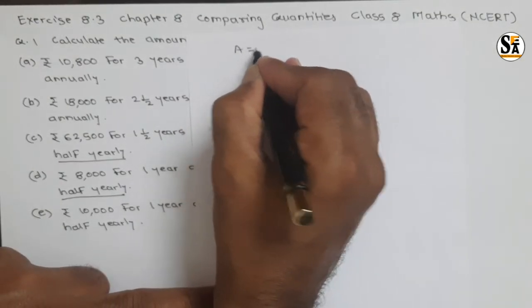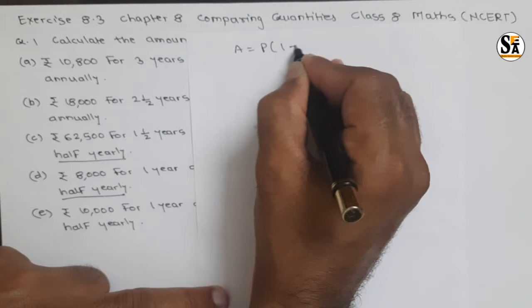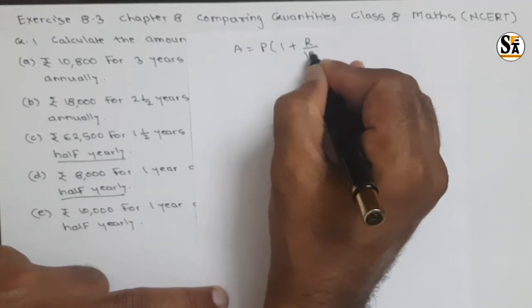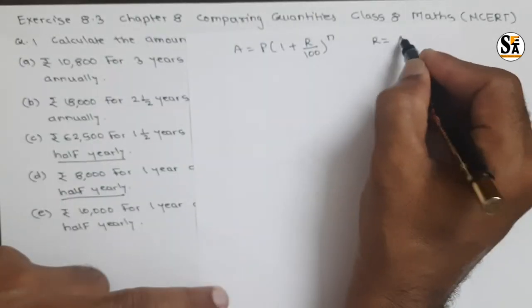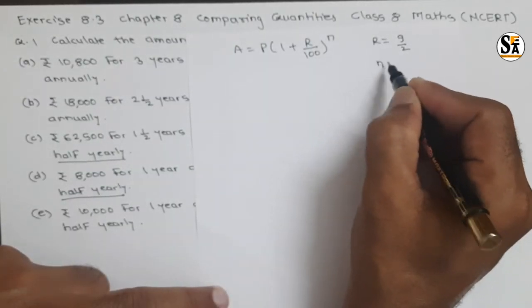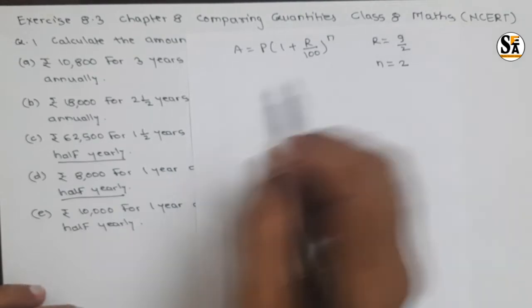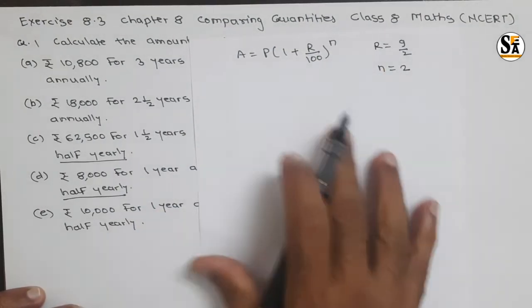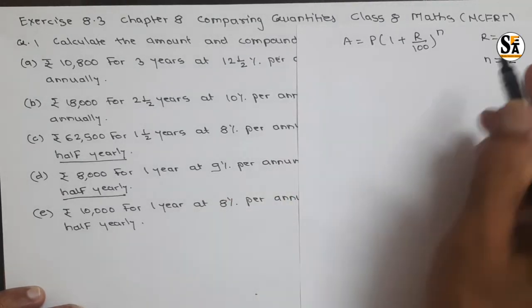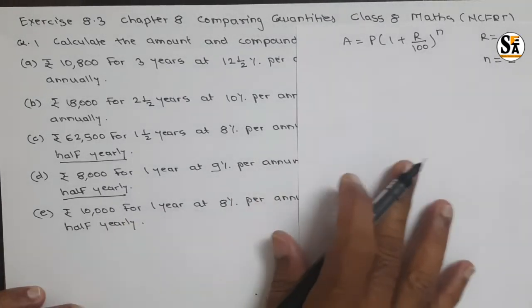A equal to P into (1 plus R divided by 100) raised to n. Here R will be 9 by 2 and n will be 2, because it is half yearly, and for 1 year n will be 2.